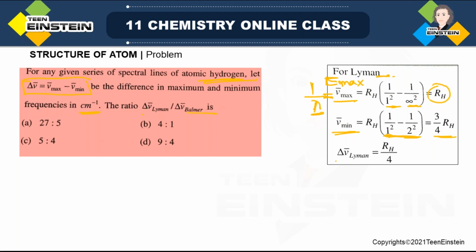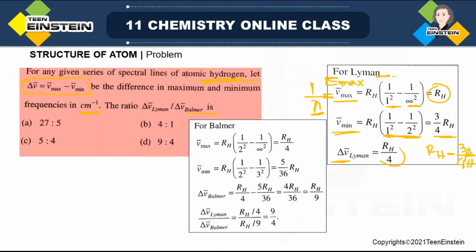Now del nu bar is nu bar max minus nu bar min, that is RH minus 3 by 4 RH. So what will you get? 1 by 4 RH.